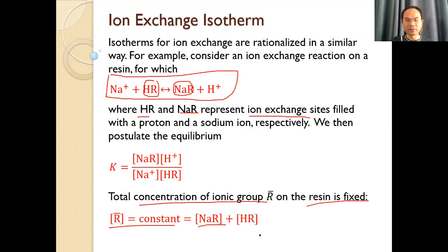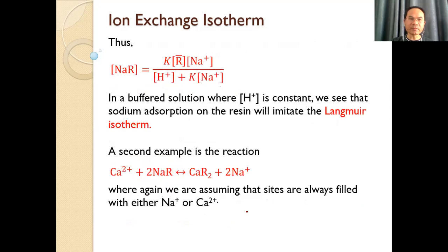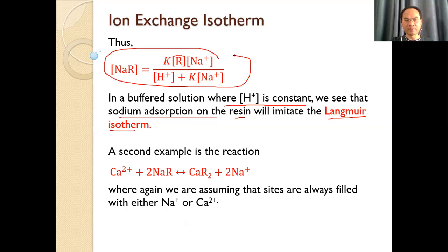This is the total. And then we can calculate the concentration of NaR in this term. Mostly in a buffer solution where the hydrogen ion is constant, the sodium adsorption is low, and this approaches the Langmuir isotherm.